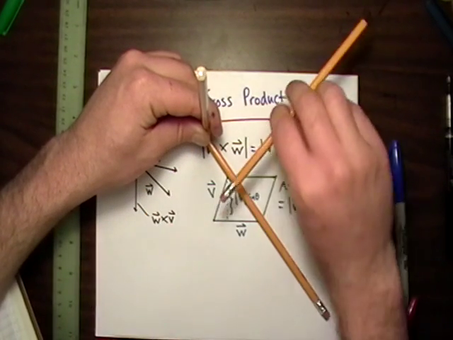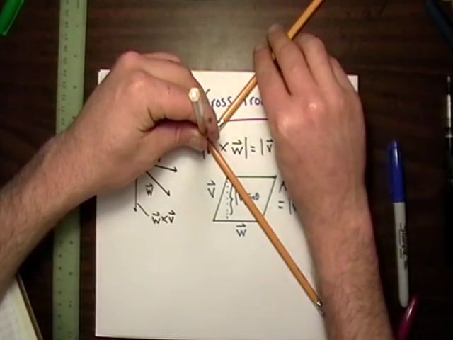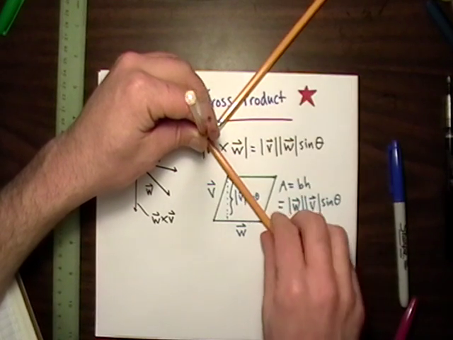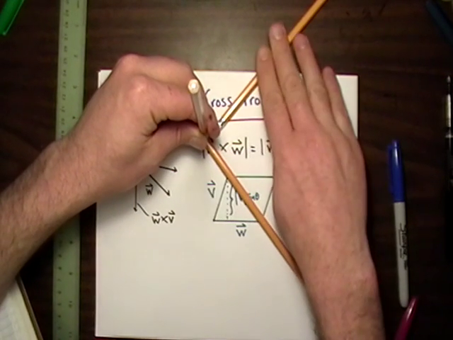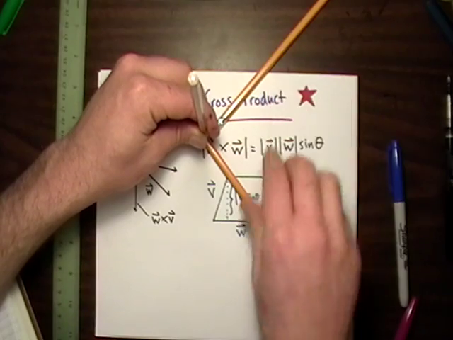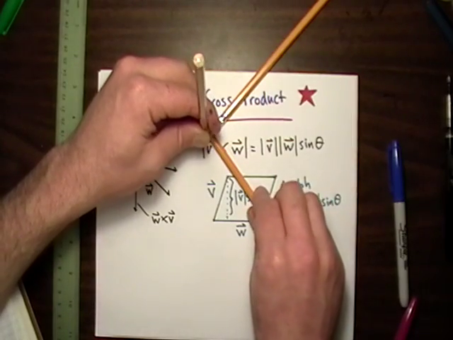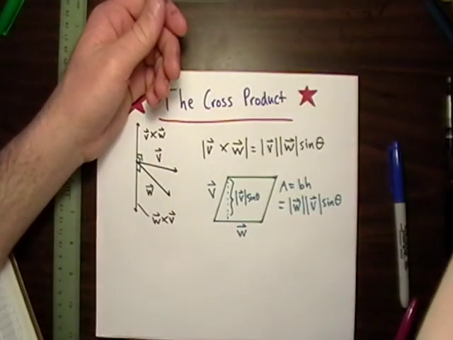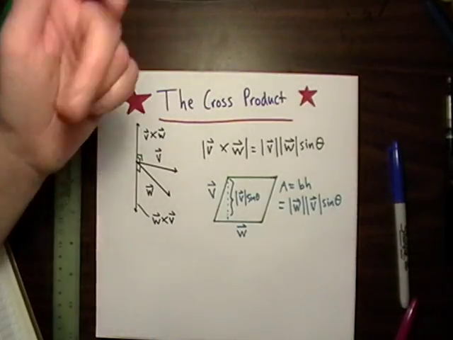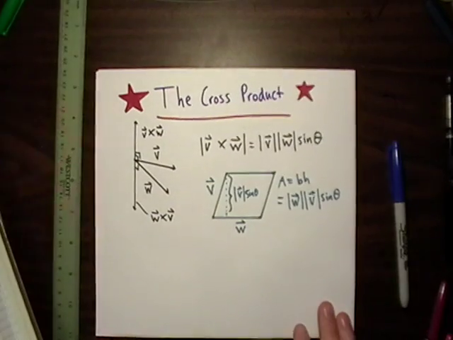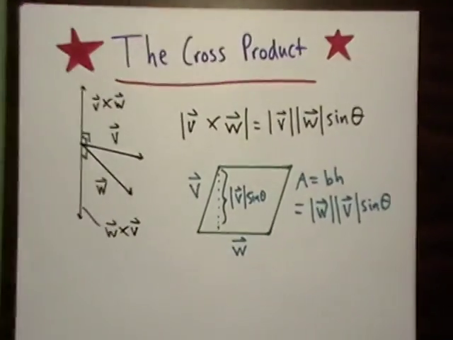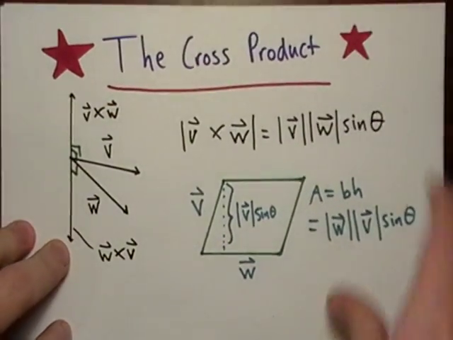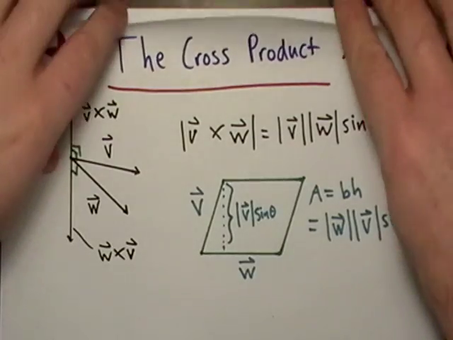And likewise, if I reverse the order in which I take the cross product, this is the cross product of these two vectors, okay? So you can see it might be useful to know how to do something like that. Maybe if you wanted to find a perpendicular vector, that would be a good way to go about it. Okay, enough of that, and that's really all you need to know about that.